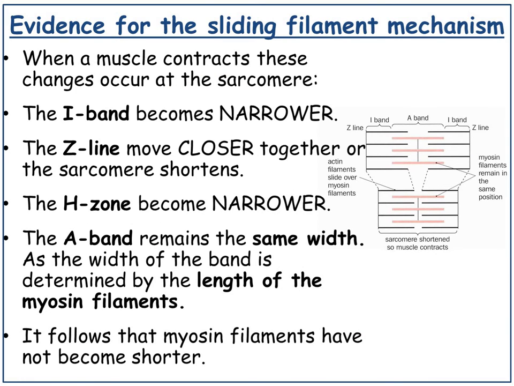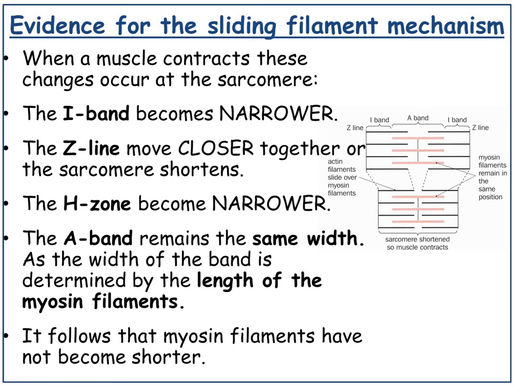So when a muscle contracts, the following changes occur at the sarcomere. The I band becomes narrower, the Z lines get closer together, which shortens the sarcomere. The H zone becomes narrower.